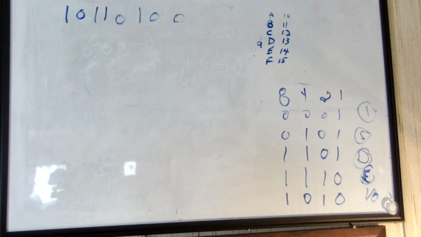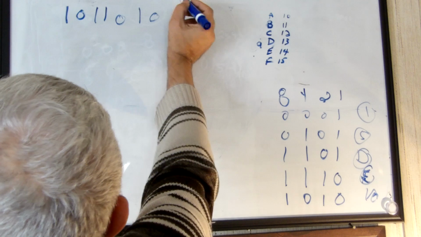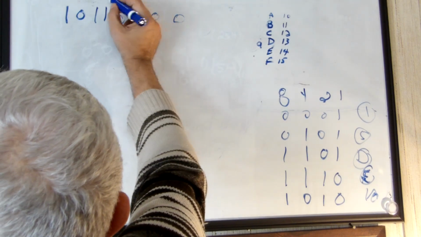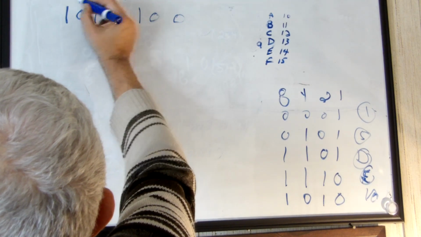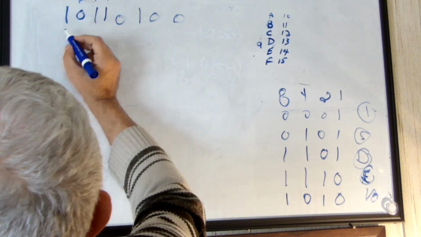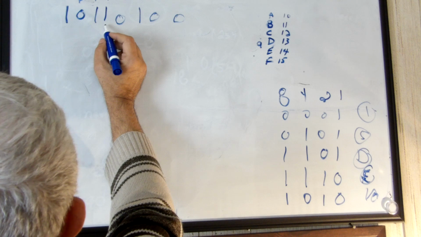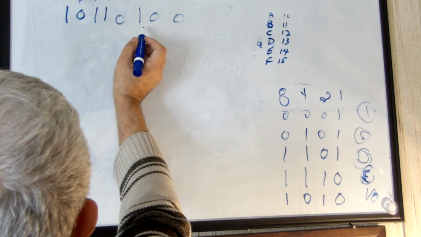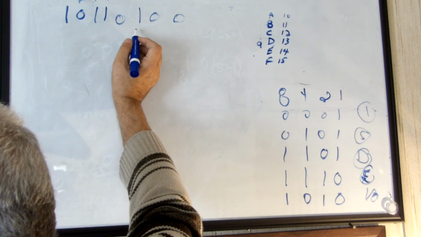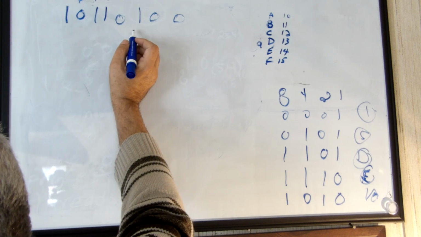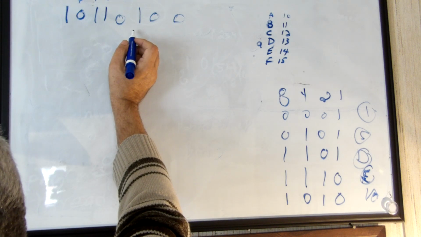If you add this together, it's going to be 128, 1, 2, 4, 128. 128 plus 32 plus 16 plus 4 is going to be, 1, 16, 8, 4.